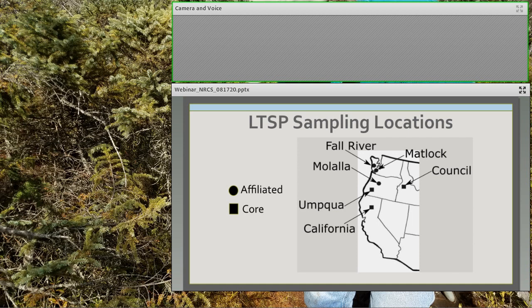The California site is somewhat unique in that it consists of 3 individual sites, each with 1 treatment replication. The sites are within 20 miles of each other, and so we aggregated them to make a single California site with 3 treatment replications so that it would match the number of replications from other core LTSP sites.